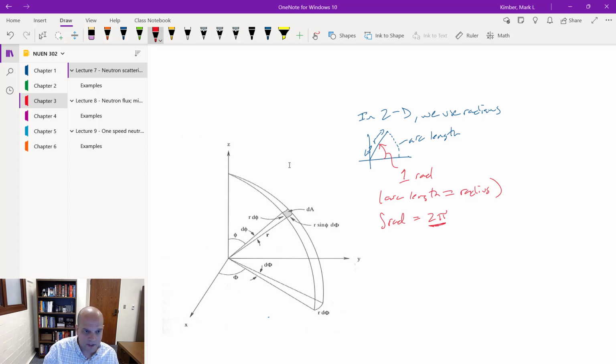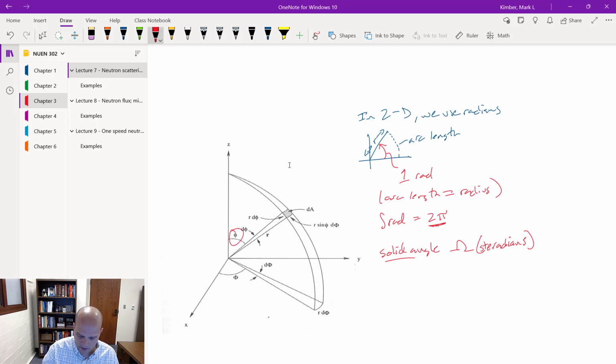And in the 3-dimensional world, we're going to talk about a solid angle. The solid angle we will call capital omega, and the units for that are steradians. It's not just one angle measurement that tells me all the information I need in a 3-dimensional world. I need 2 angles. And that's what we're looking at here.